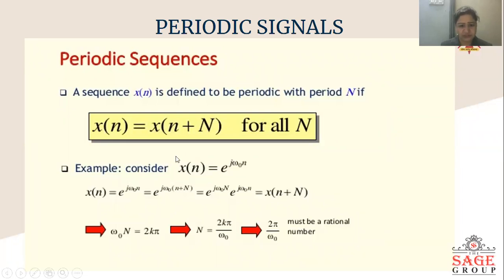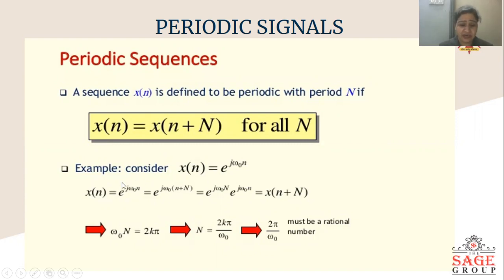Now, as I already told, x[n] is equal to x[n + N] for any periodic sequence. As I discussed in my previous slide, the complex exponential sequence is also a periodic sequence. Now, we will consider a condition which decides the periodicity of the signal.